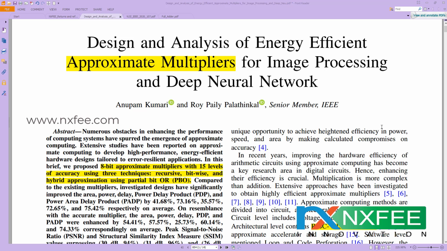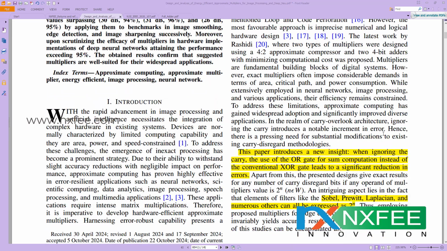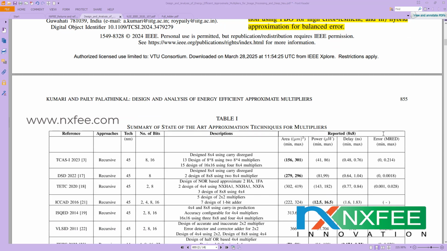The traditional method normally comes as the 8x8 exact method. It uses normal half adder and full adder based architectures. These architectures take more logic size. For that reason we have designed these 3 proposed techniques: recursive, bitwise and hybrid methods.